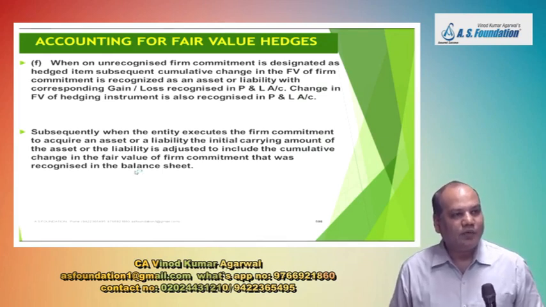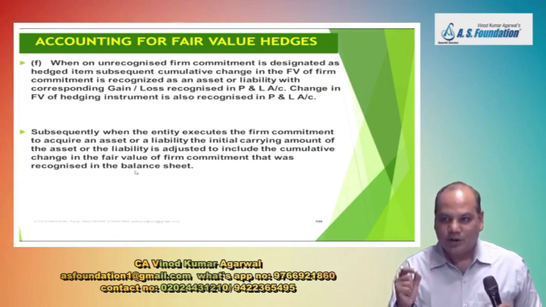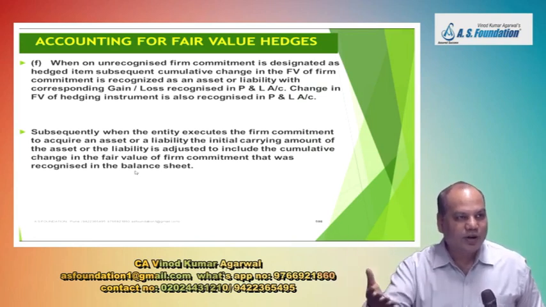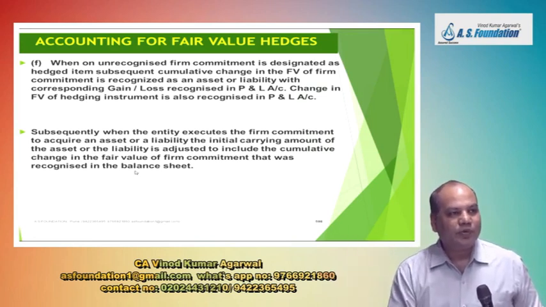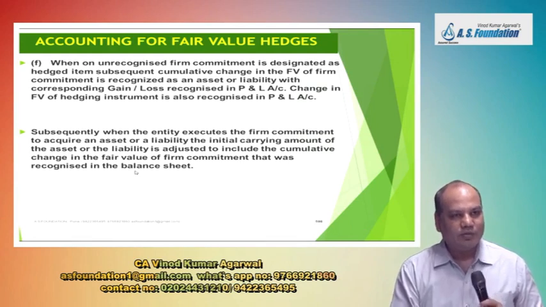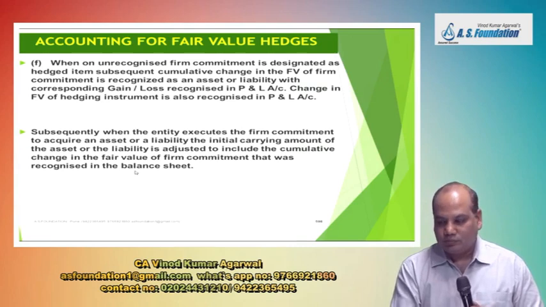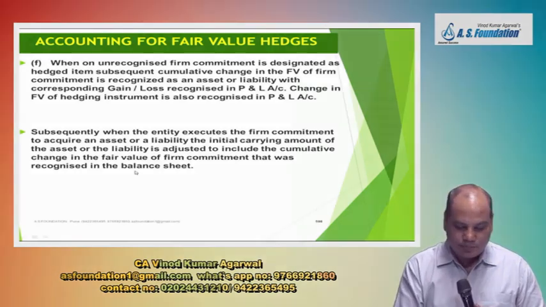So the change in fair value of the firm commitment, an account we are going to create, will be adjusted against the cost of that asset or liability whenever that asset or liability is acquired. Now we will take a break.